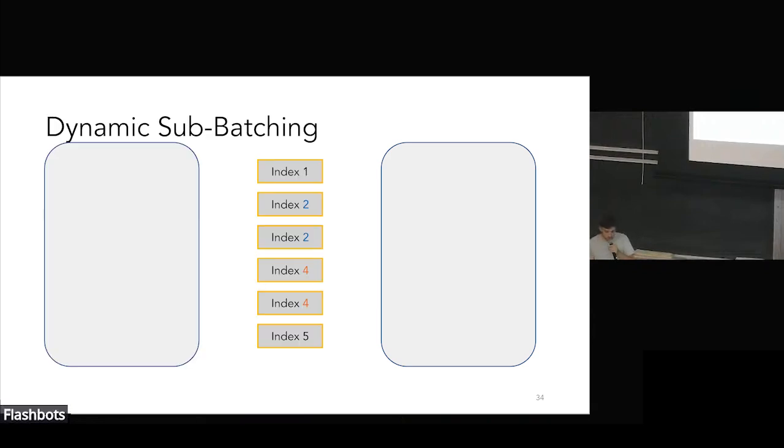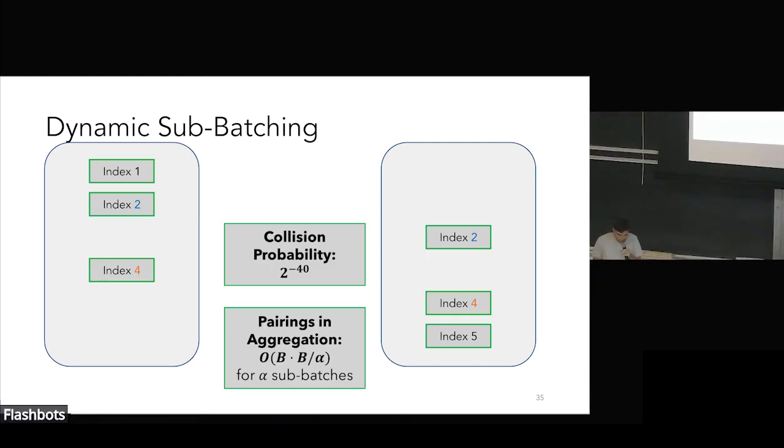So how we deal with this in our work is, instead of trying to decrypt all the transactions in the same batch at the same time, we just open multiple sub-batches. Let's look at how it works for the example of 2 sub-batches. Instead of trying to fit all the transactions into one batch, we assign them into sub-batches such that no collisions appear within a single sub-batch.